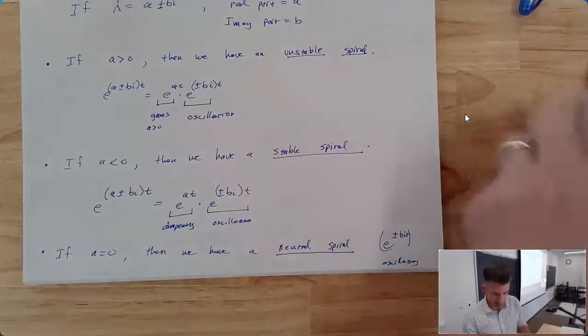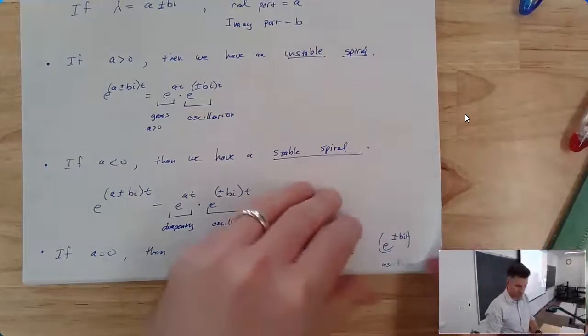So then you can just say, here's a matrix, or here's a system of equations represented by a matrix.